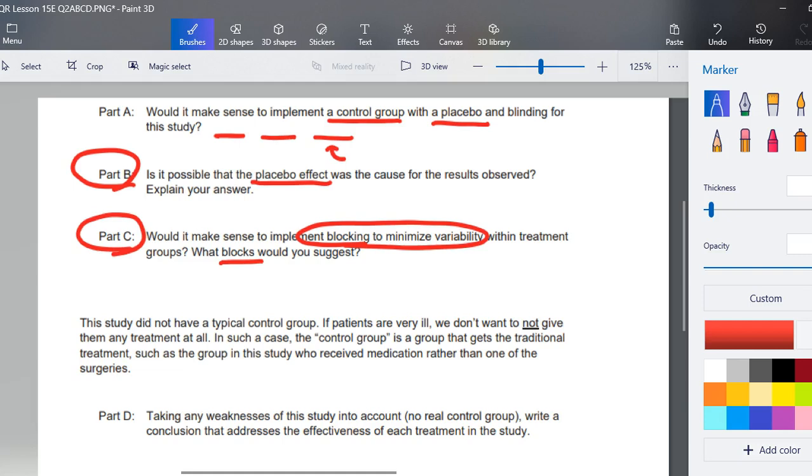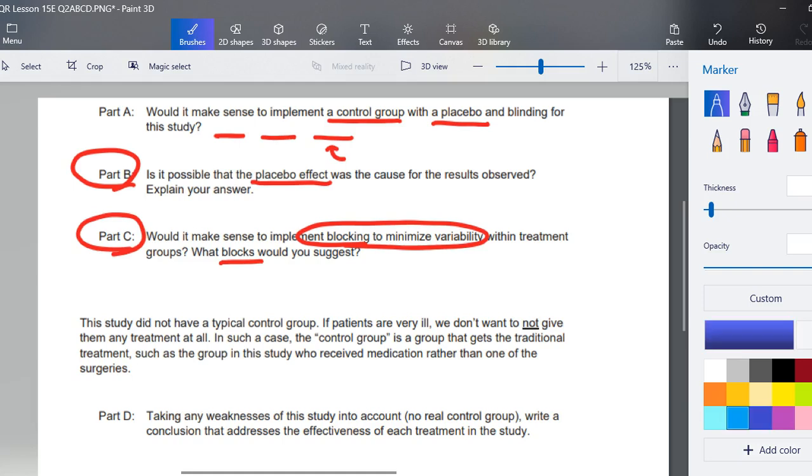Again, make sure you're spending some time to think on this, because when you think about weight loss or medical issues and you think of some possible differences that might occur with different groups, it might make sense to separate the men from the women to reduce variability. It might also make sense to block by age group as well if there were variabilities by age, like some young people or some older people.